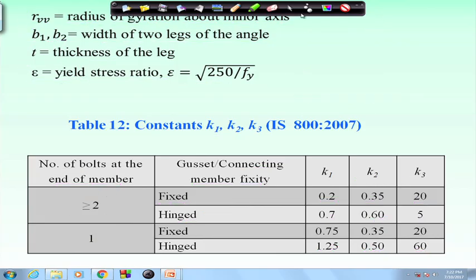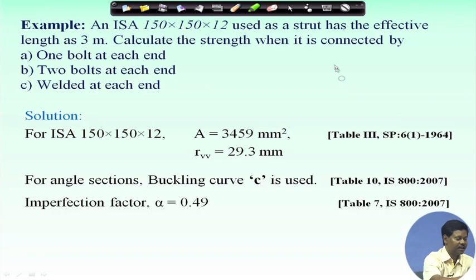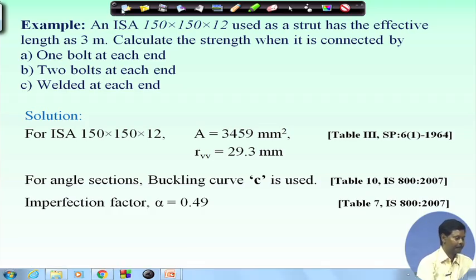Now, the theory we have discussed, that is the expression for finding out the lambda e value. For such types of members, how to find out the design strength can be understood if I go through this example.